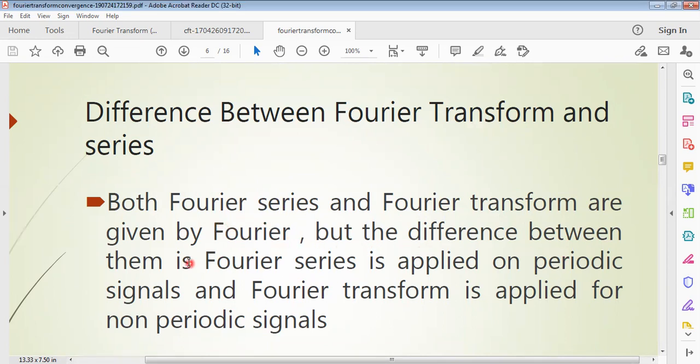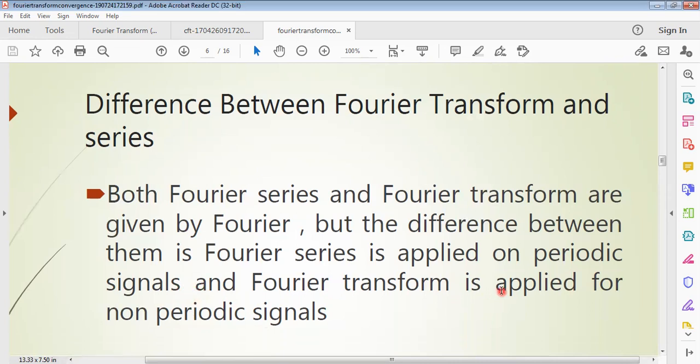But the difference between them is that Fourier series is applied to periodic signals and Fourier transform is applied to non-periodic signals. Remember these keywords: periodic signals and non-periodic signals.